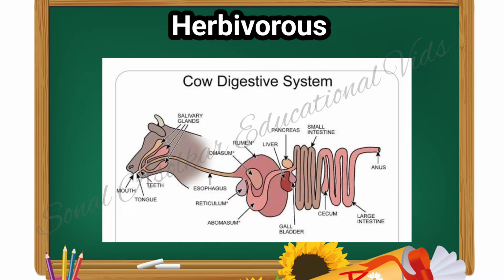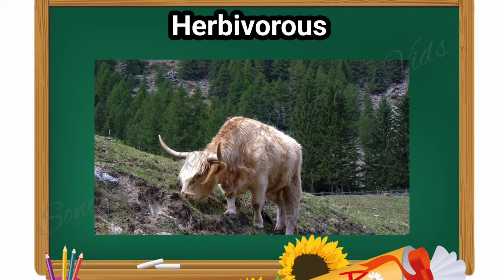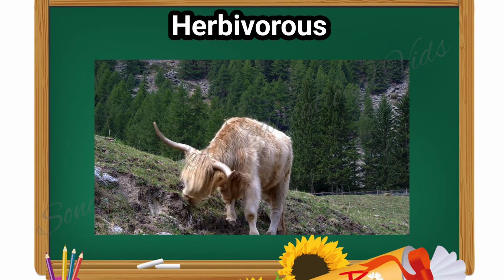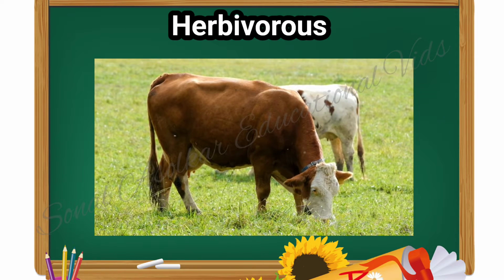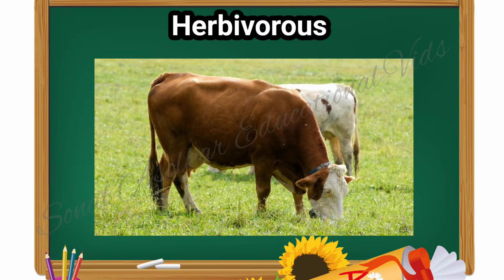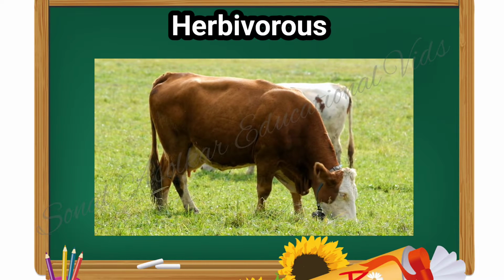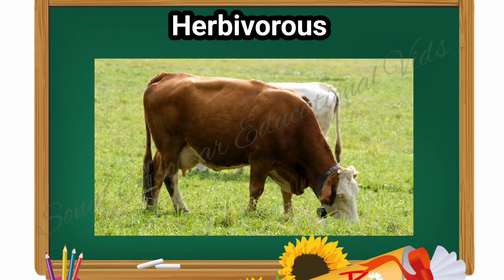For example, they may have flat, wide molars for grinding and longer digestive tracts to break down tough plant fibers. Herbivores play a vital role in maintaining a healthy ecosystem by controlling plant populations and distributing nutrients. They also serve as a food source for carnivores and omnivores. Students, I hope you understand about the herbivorous animals, right?